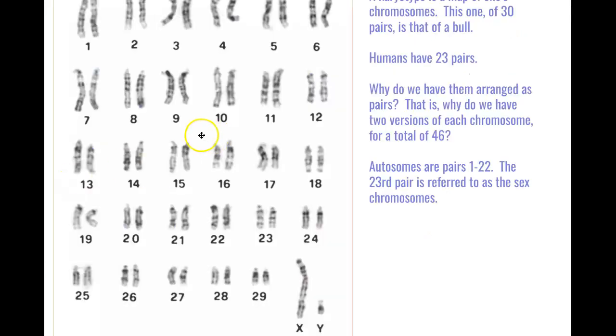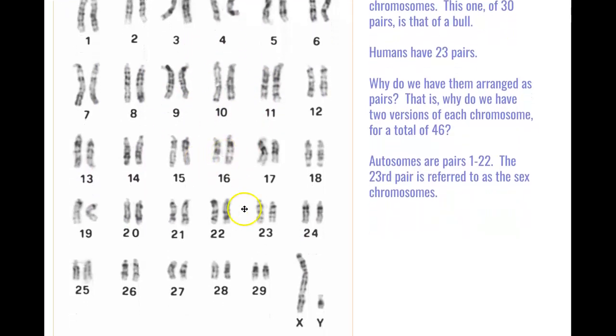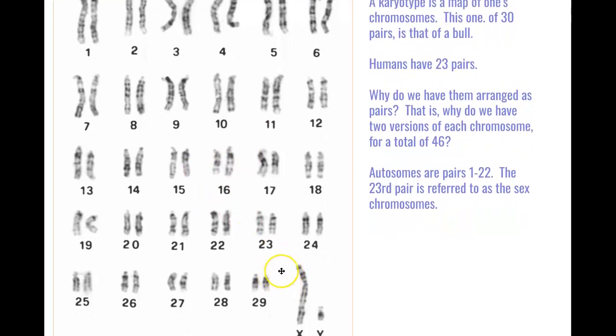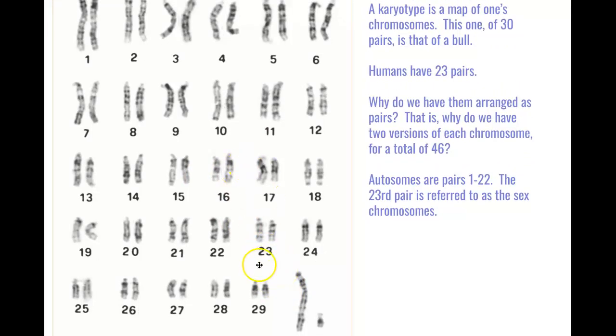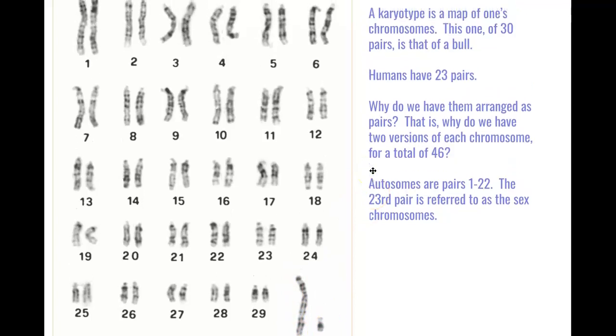And here, if we look at this arrangement of chromosomes, you should see there are 30 pairs. You'll notice that 1 through 29 are all labeled with numbers, and that this last pair is labeled X and Y. Well, with chromosomes, first of all, this arrangement is called a karyotype.